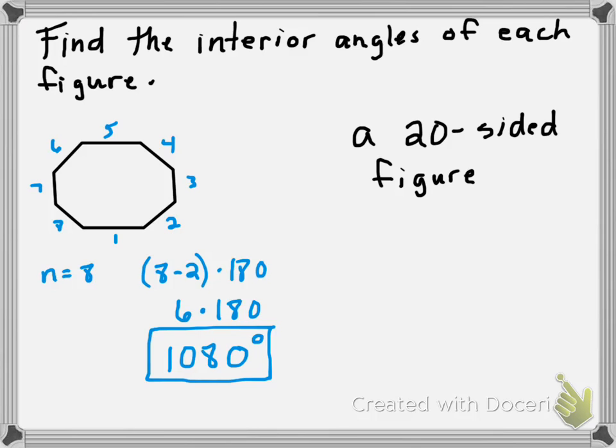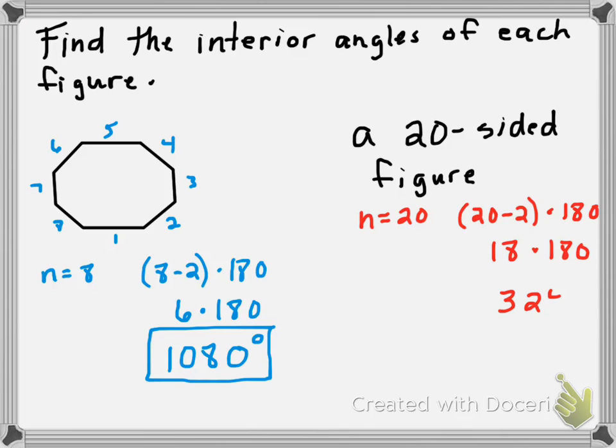Alright, and for the 20-sided figure, well, n is 20. It told me how many sides it had. So that means 20 minus 2 times 180. So 18 times 180. Oh, here's a chance to use our perfect squares, because I can do 18 times 18. 18 squared is 324, but since that one's actually 180, I add the 0 on there.